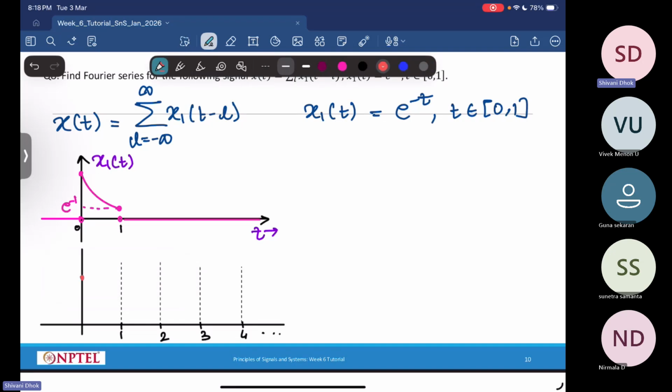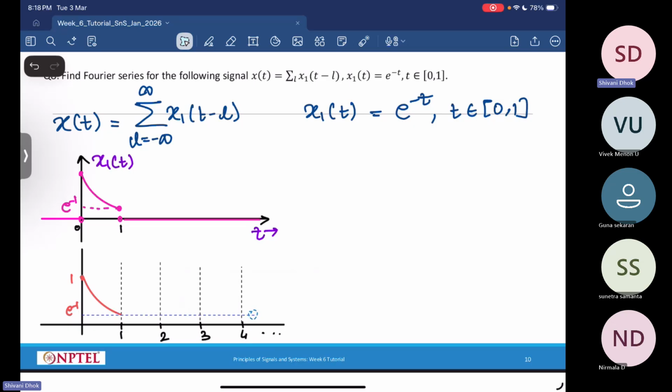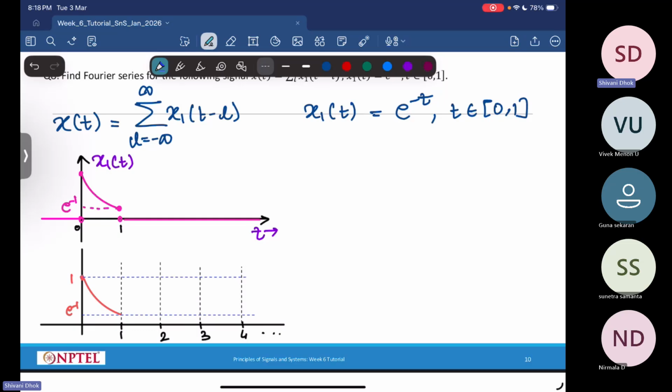Here you have 1 and it reduces to e power minus 1. Again it will repeat like this, on the right hand side and on the left hand side also. I'm not showing the negative parts. So this is how your x of t will look.